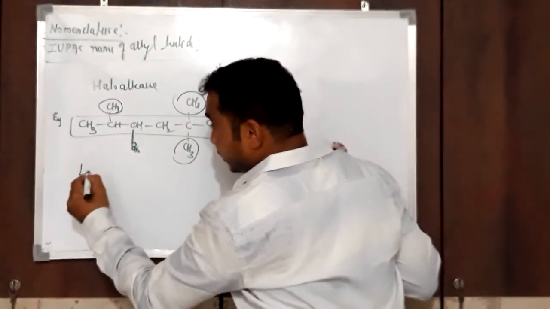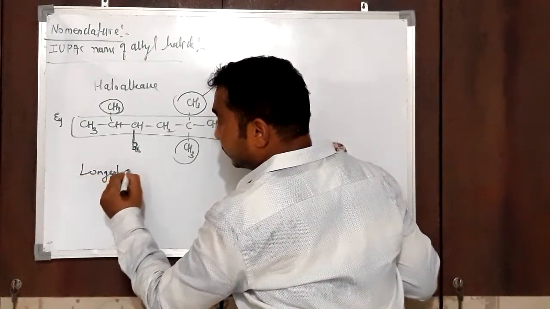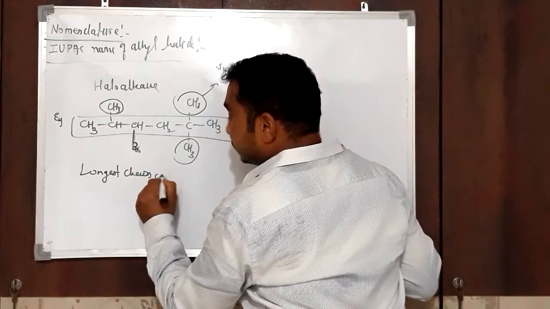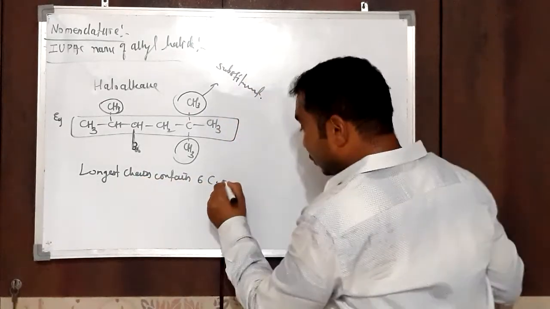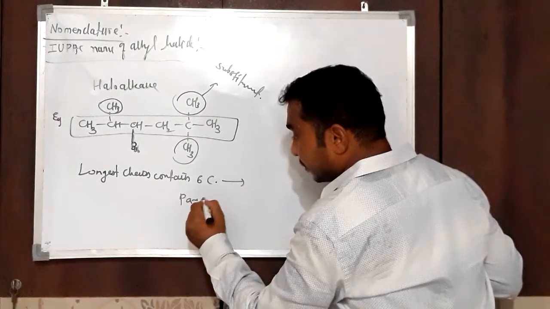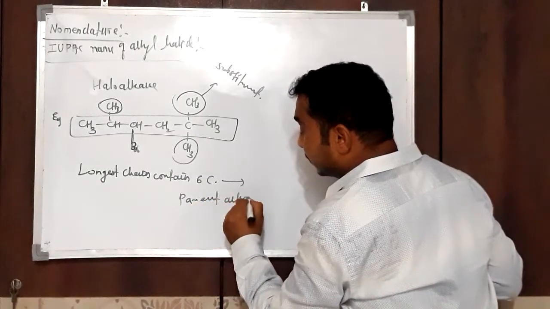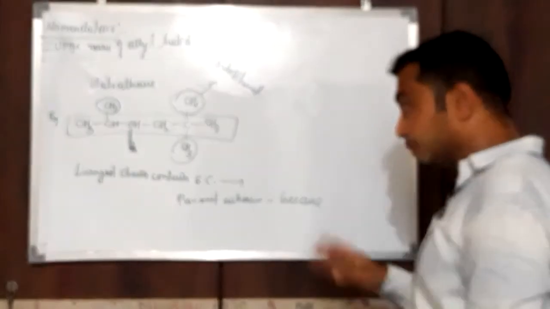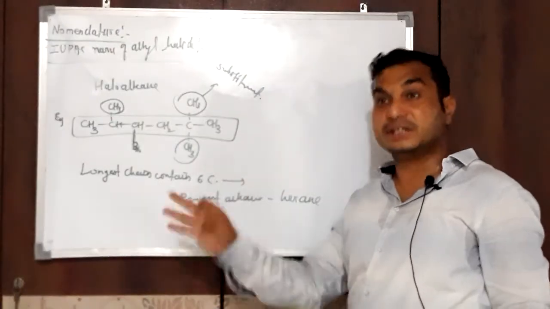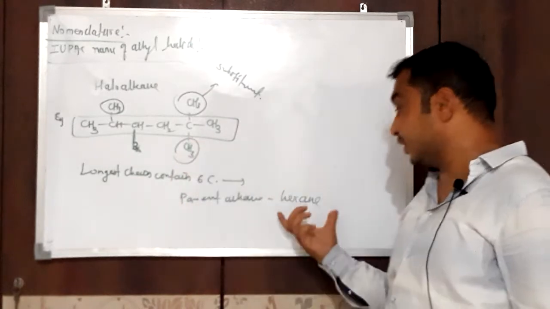The longest chain contains 6 carbon atoms, so the parent alkane is hexane. Why hexane? Because the longest chain contains 6 carbons, and a 6 carbon alkane means hexane.